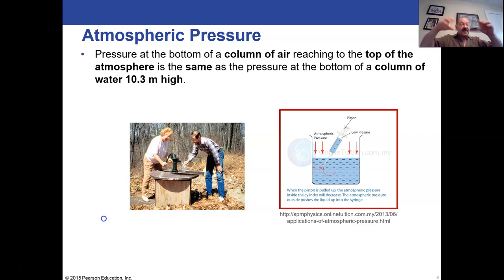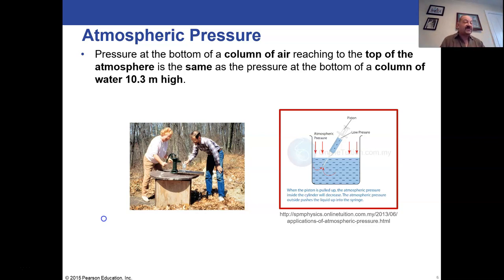So it's the weight of the air, that giant column of air that goes all the way up to the top of the atmosphere, pushing down on water, pushes that water in. And that's what allows us to get what we think of as suction. It's actually a pushing by the atmosphere, not the sucking from the vacuum.